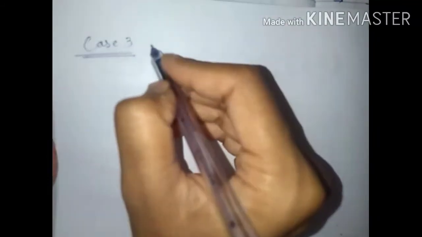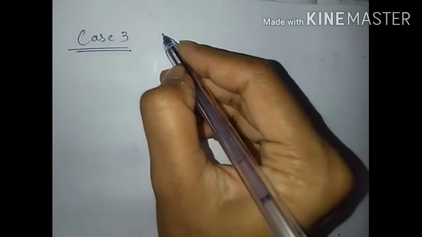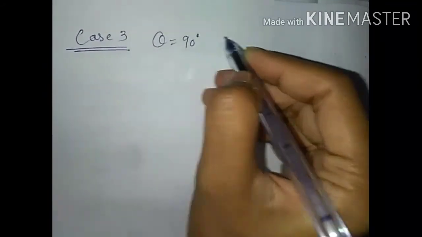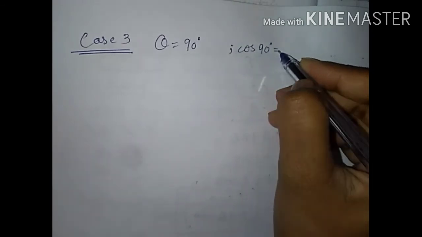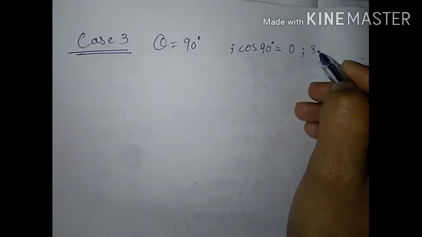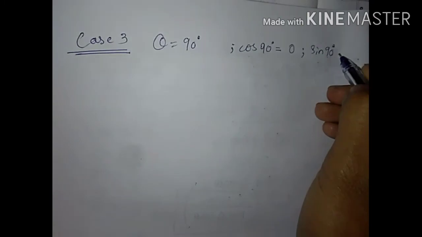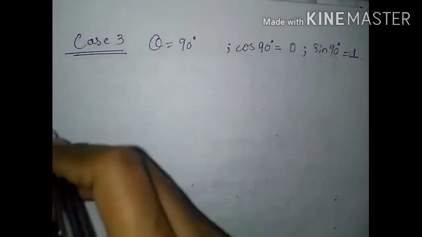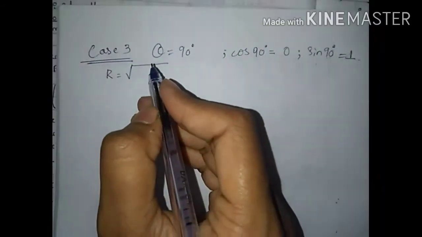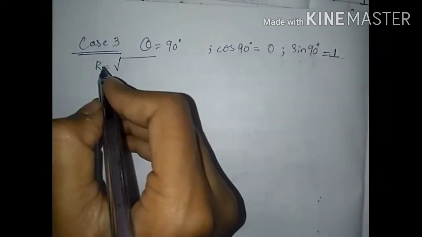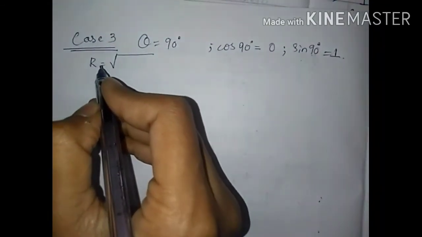Next is case 3, that is theta equal to 90 degrees. Cos 90 degrees is 0, and sin 90 degrees is 1. So R is equal to root of P square plus Q square plus 2QP cos theta.